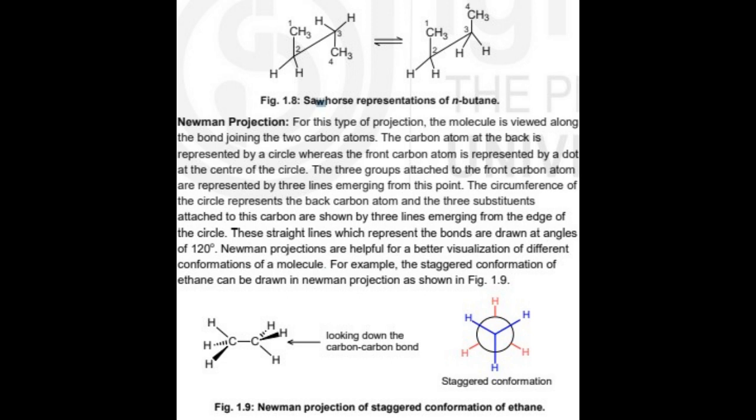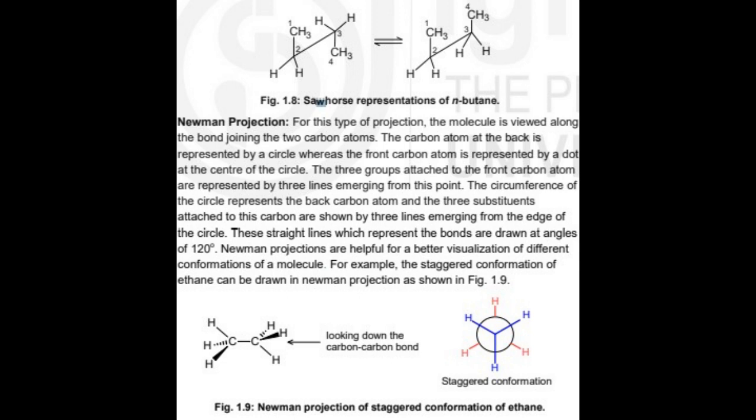The relative position of various groups attached to these carbon atoms can be easily represented by this type of projection. For example, n-butane, CH3CH2CH2CH3, can be represented as shown in Fig. 1.8. Fig. 1.8, sawhorse representations of n-butane.